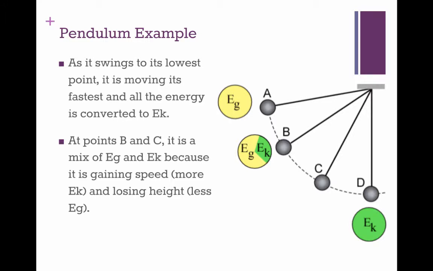So notice that B and C are a mixture of EG and EK, but notice two things. One, it's not perfectly even because it's never exactly in the middle between A and D. And two, notice that the EG decreases as we get closer to the bottom, and the EK increases in size of the pie chart as we get closer to the bottom.